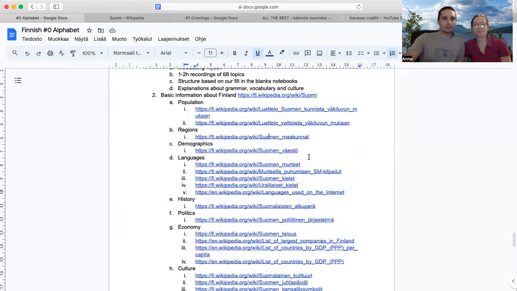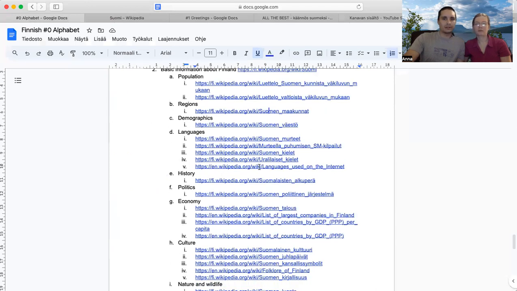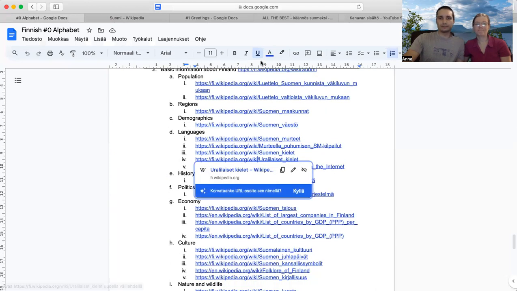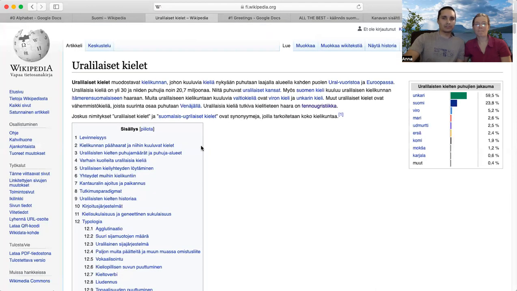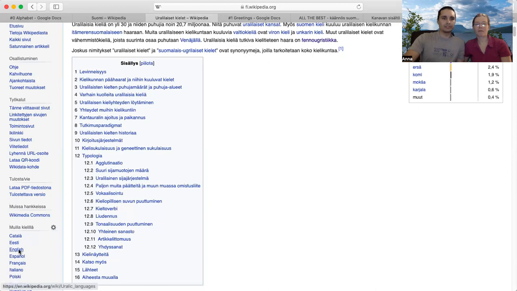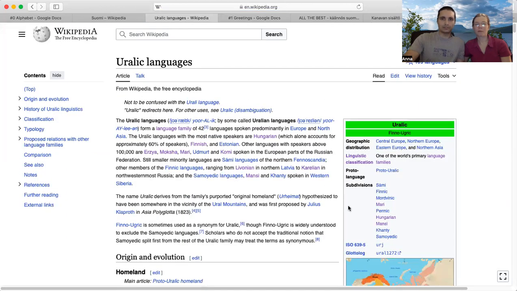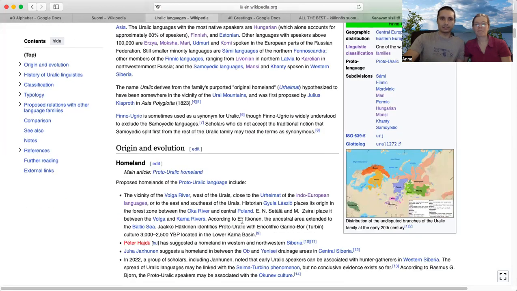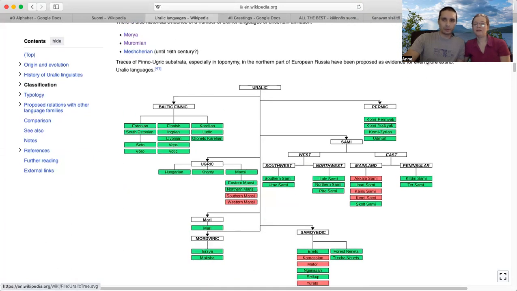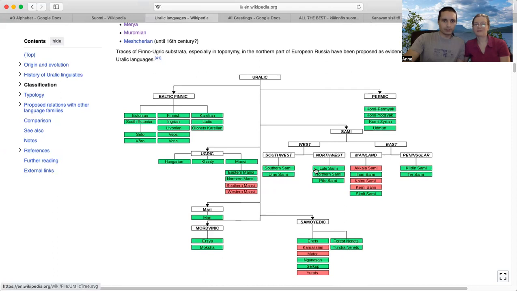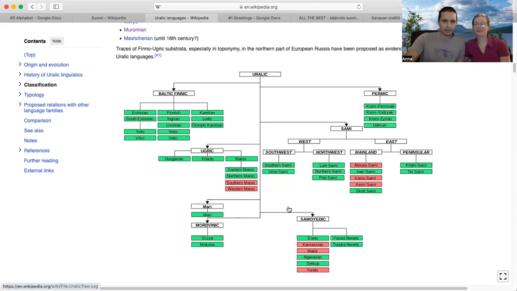Then what else? Let's talk about the Finnish language. So Finnish is a Uralic language, like Hungarian and Estonian. Here you can see how far away the different Uralic languages are.